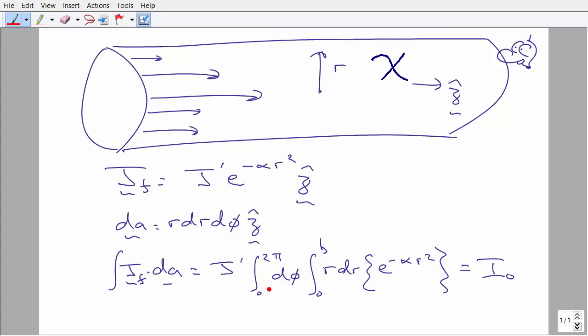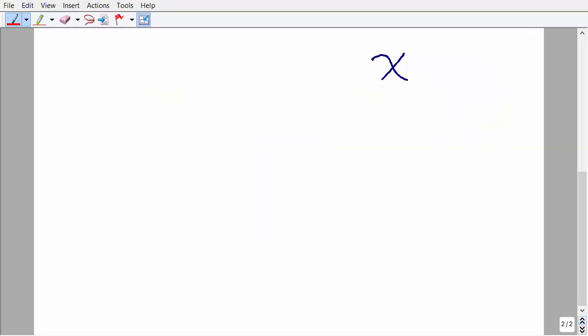The phi integral is easy, that's just a 2 pi. And the integral over r I would do by change of variables. If I put x equals r squared, then dx is equal to 2r dr, and I can complete that integral. And you should go and do that. I'm not going to do that integral, but if you do, you will get the following relationship between J prime and I0.